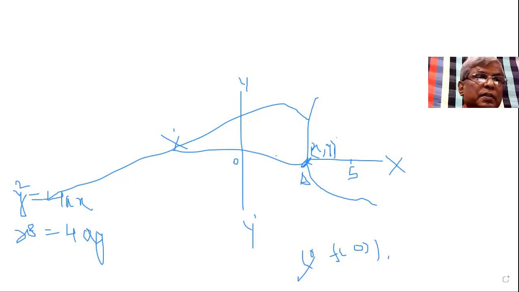If you are taking another, then this will also be the same, (0, f(0)). So this is the y-intercept. Then you have to solve f(x) = 0.